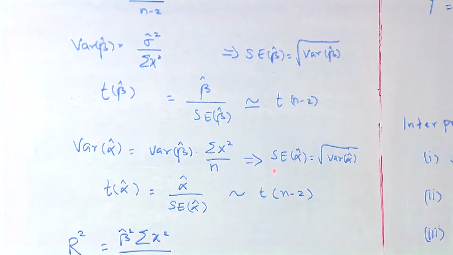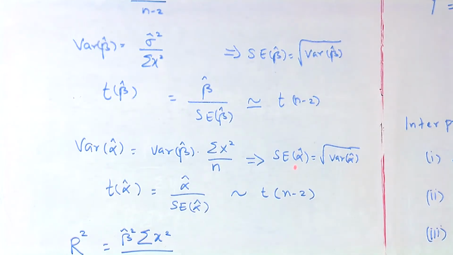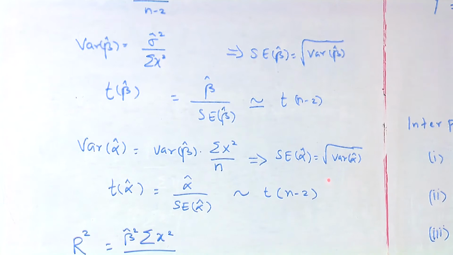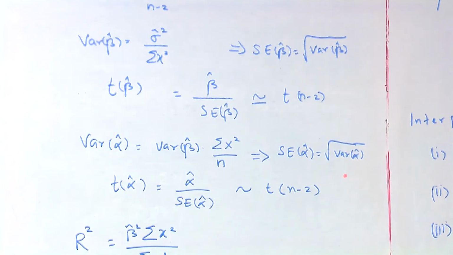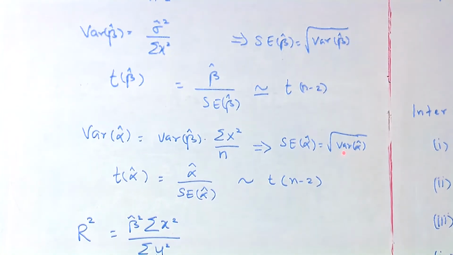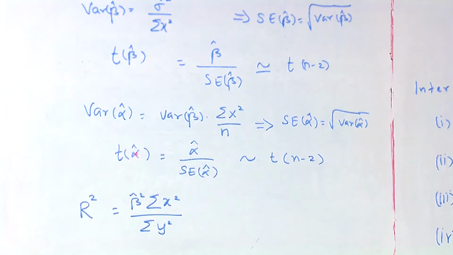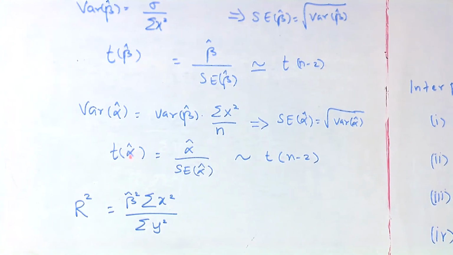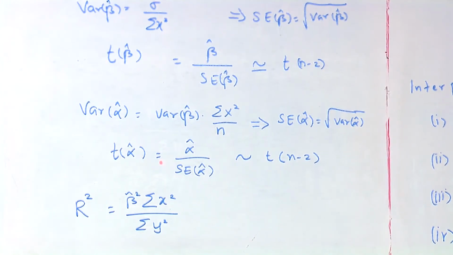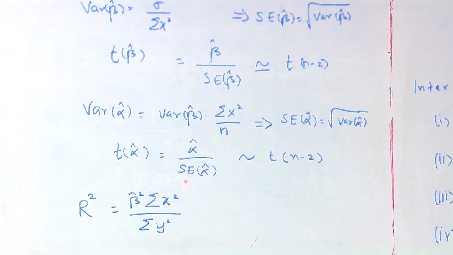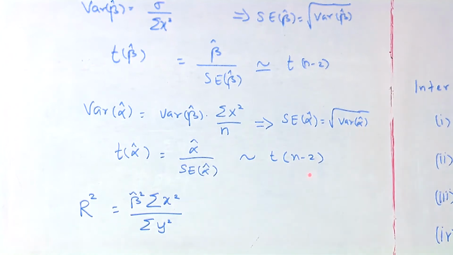Then that leads to the standard error of alpha hat, that is the square root of the variance of alpha hat. Again, the significance of alpha can be tested using the t statistic, t alpha hat is equal to alpha hat divided by standard error of alpha hat. This follows the t distribution with n minus 2 degrees of freedom.